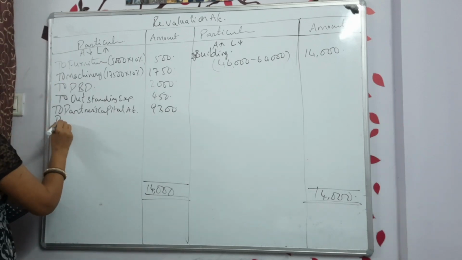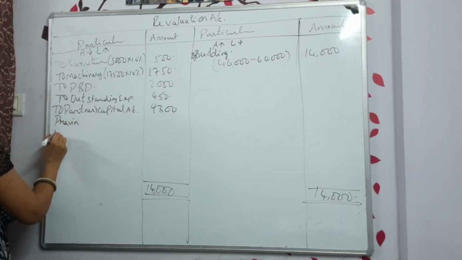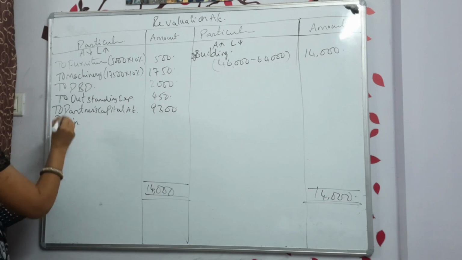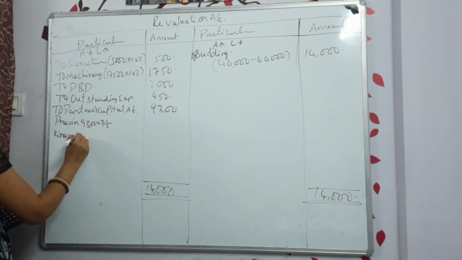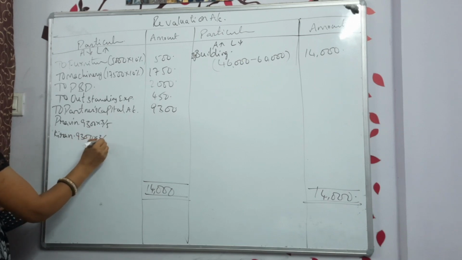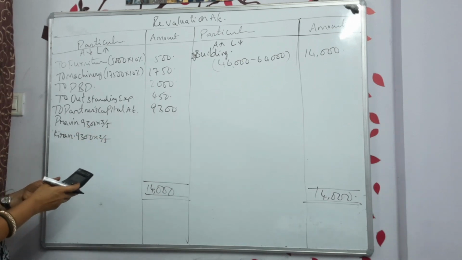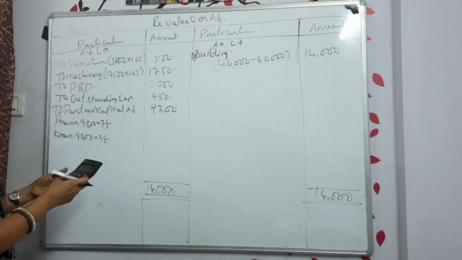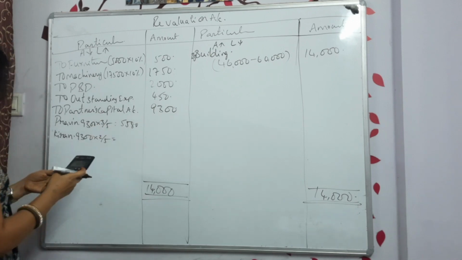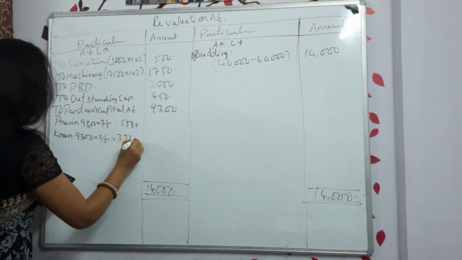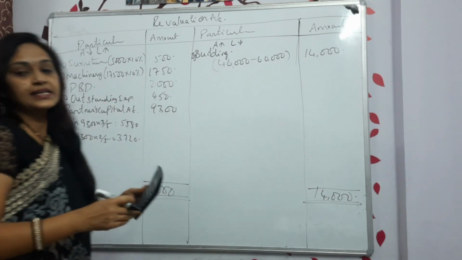So write down Praveen and Kiran. 9,300 into 3 by 5, and 9,300 into 2 by 5. How much will you get? 9,300 into 3 divided by 5 is 5,580. Then this one is 3,720. So this is the revaluation account.